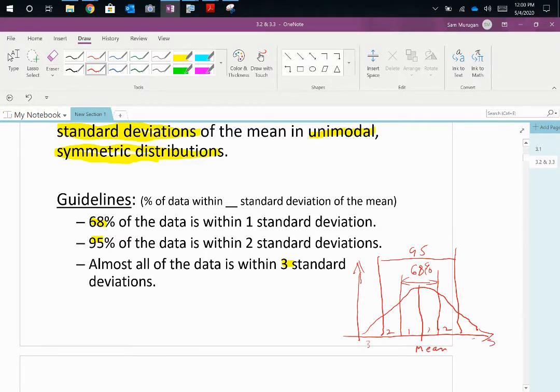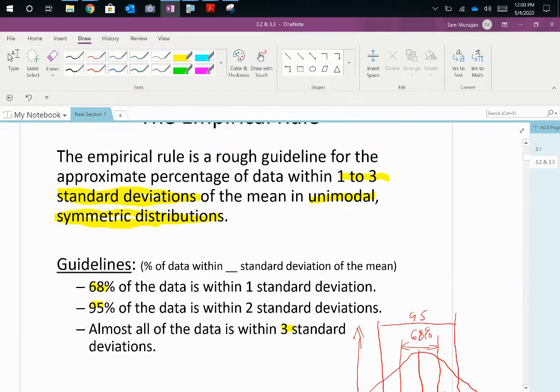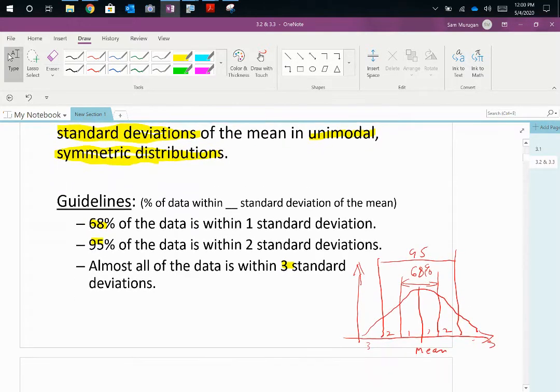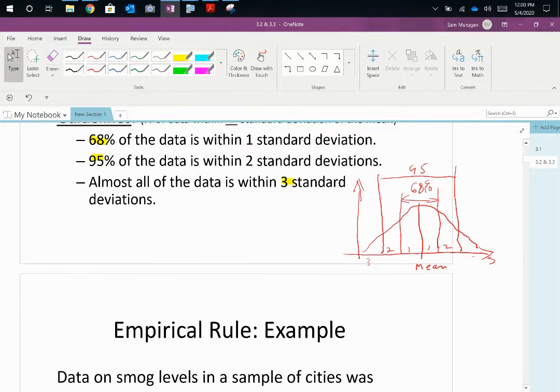So these are the guidelines used to determine roughly where the data is located.